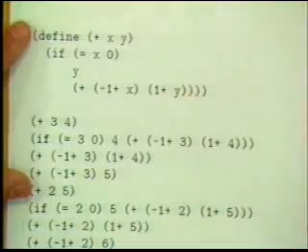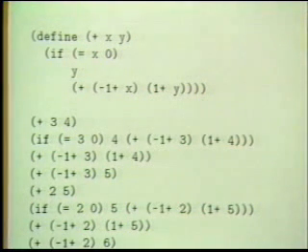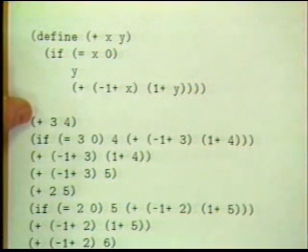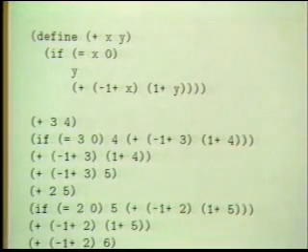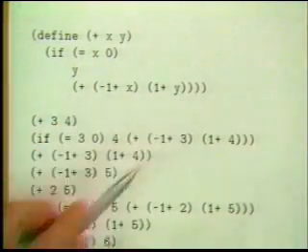Let's look at the overhead. So here we have this procedure, and we're going to look at how we do the sequence of substitutions. Okay. Well, I'm going to try to add together 3 and 4. Using the first rule that I showed you, we substitute 3 for x and 4 for y in the body of this procedure. The body of the procedure is the thing that begins with if and finishes over here.